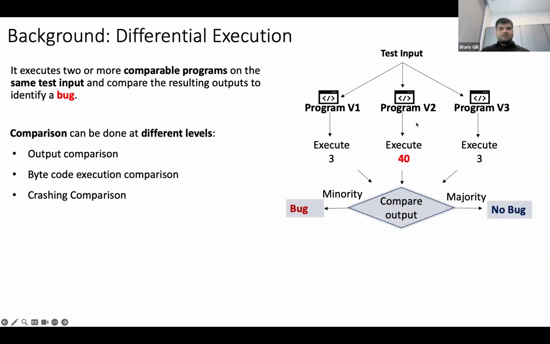For instance, on the same test input, program V1 produces output 3, and program V3 also produces output 3. But the second program's output is 40, which is anomalous, or you can say it has an error. So that's where this program might have a bug, and it can be done at different levels: output comparison, bytecode comparison, crashing comparison.